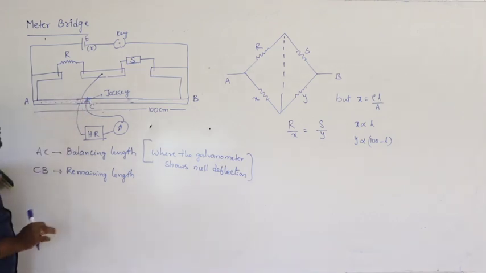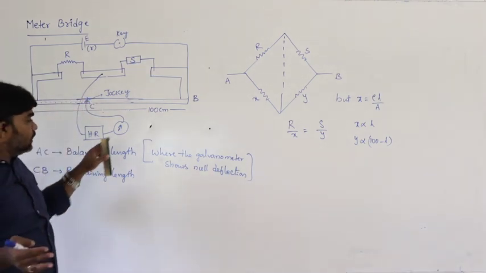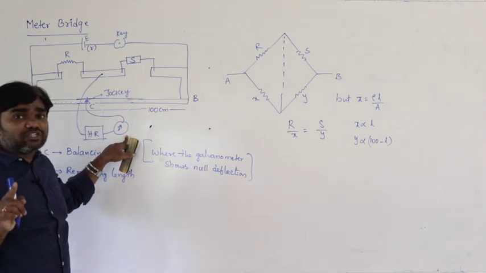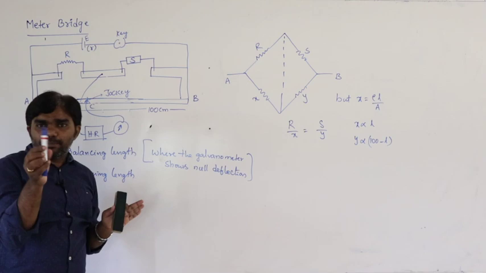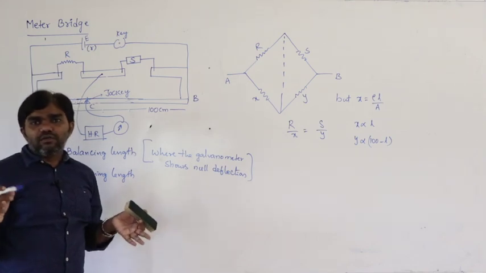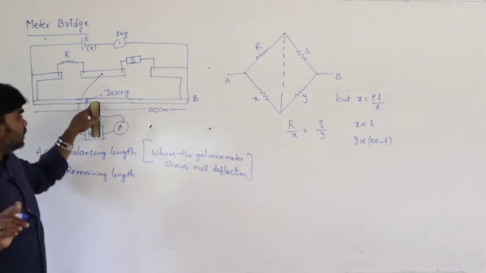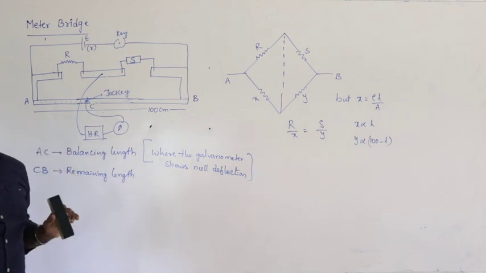But at a particular instant, the galvanometer shows null deflection. That means the galvanometer does not show any deflection, so the pointer in the galvanometer does not move. That condition is said to be the balancing condition.